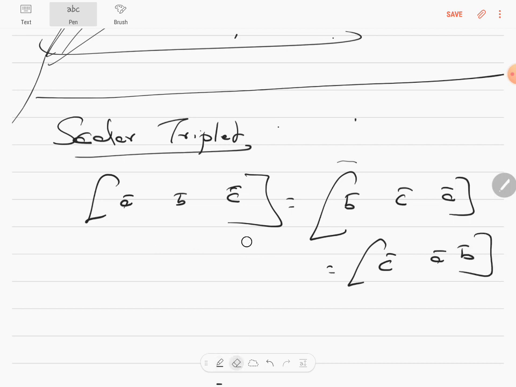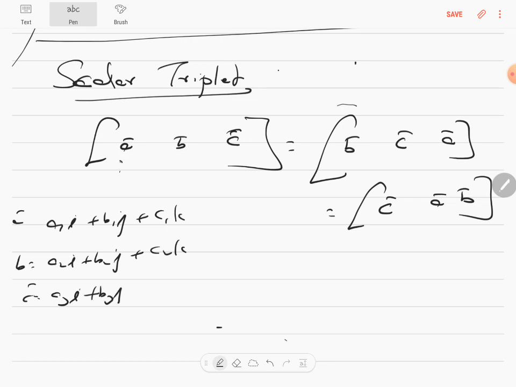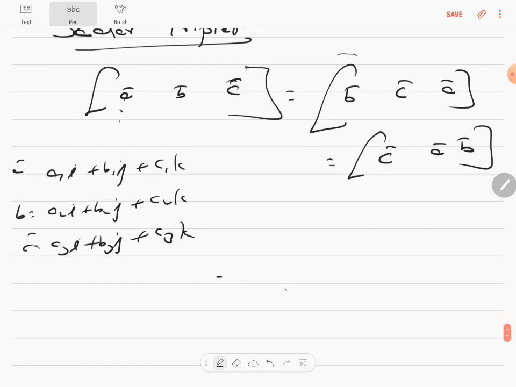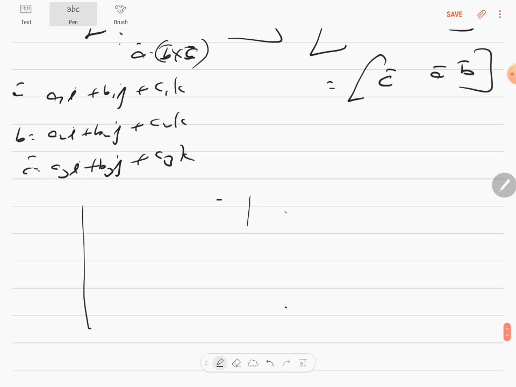Why? Because you can also prove this. You can consider that A vector is A1 i plus B1 j plus C1 k. B vector is A2 i plus B2 j plus C2 k. And the C vector is A3 i plus B3 j plus C3 k. What is the scalar triplet? It is dotting and crossing, A dot B cross C, which is nothing but a determinant.